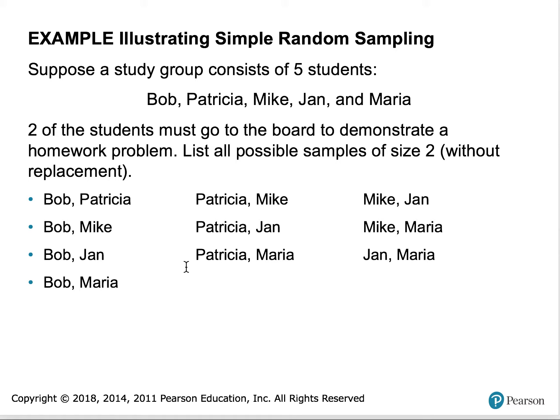So from this list, we can see that there's 4, 7, 10 possibilities, right? 10 possible samples of size 2. And the probability that Patricia and Maria is selected then is 1 out of 10. Mike and Jan, 1 out of 10.